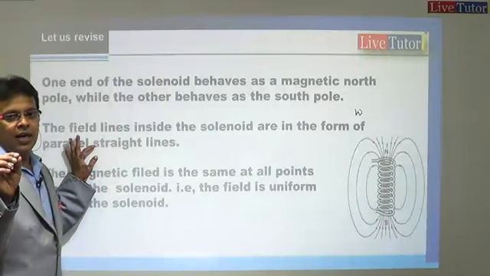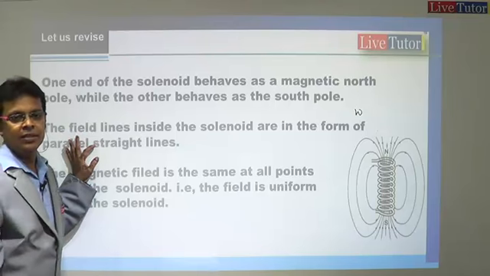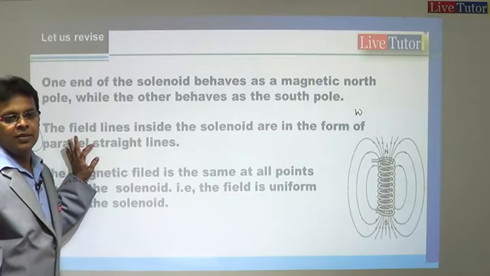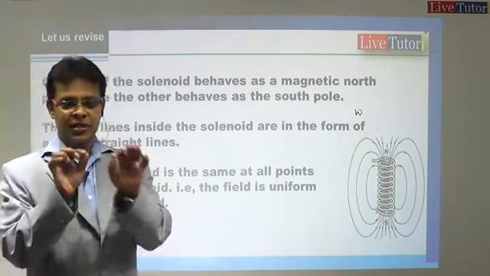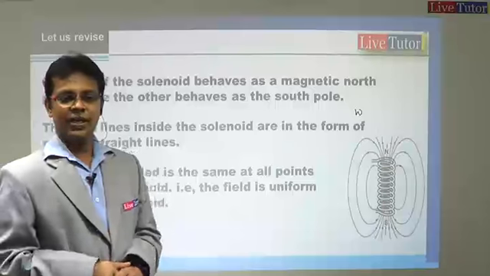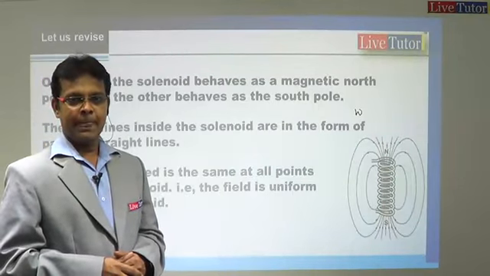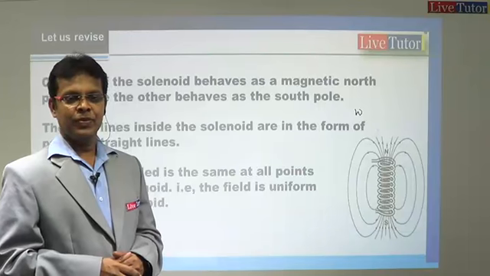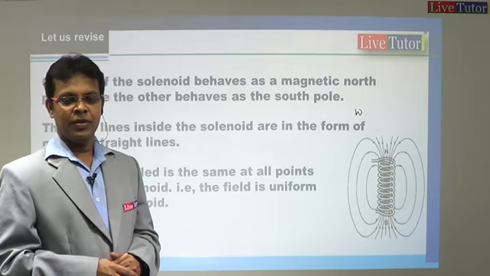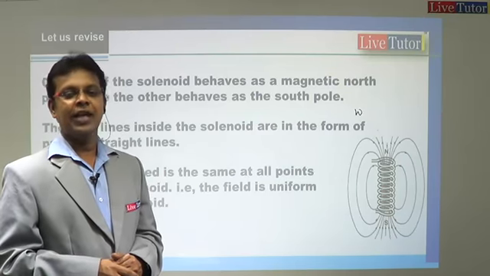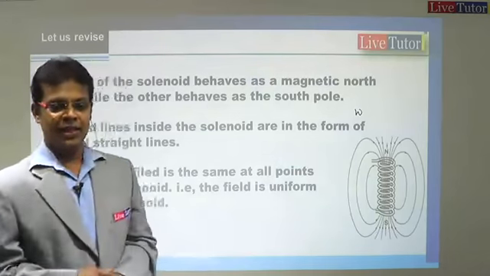When you say that the magnetic field lines are straight lines, what do you infer from that? Exactly. Uniform. We say uniform field strength.